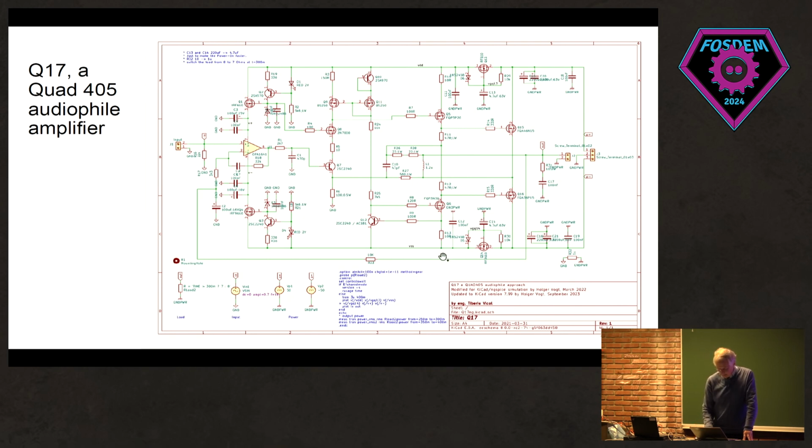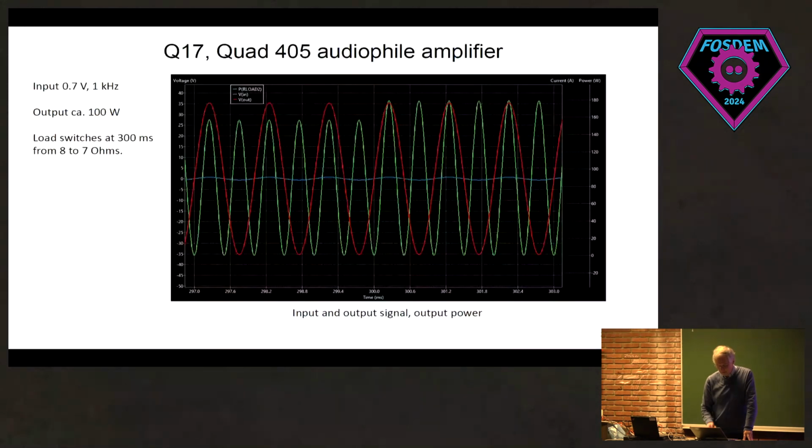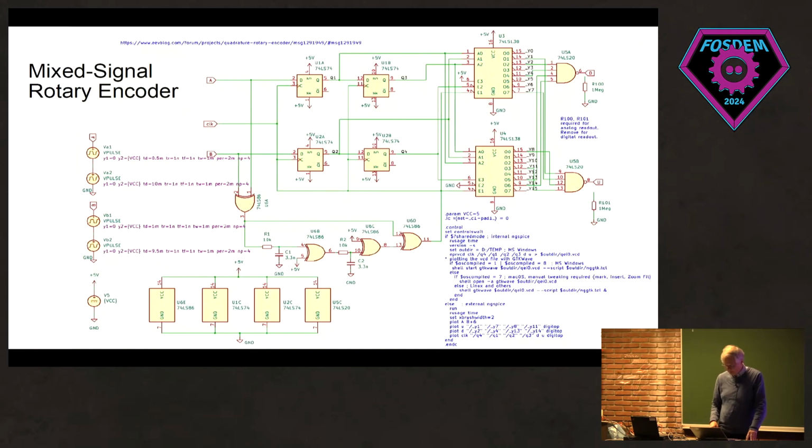Well, yeah, and you can of course simulate this and looks similar to our 2.6 kilowatt. It's 100 watt, and what you see here is just at 300 milliseconds we switch the output load from 8 to 7 ohms automatically, just to check what the output load would mean, and you see a little bit increase in output power. Yeah, and so you can model all these things and model the influences and so on and so on.